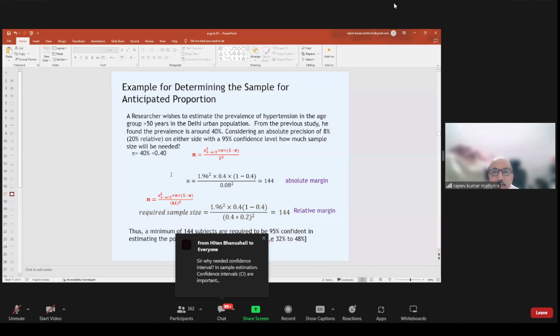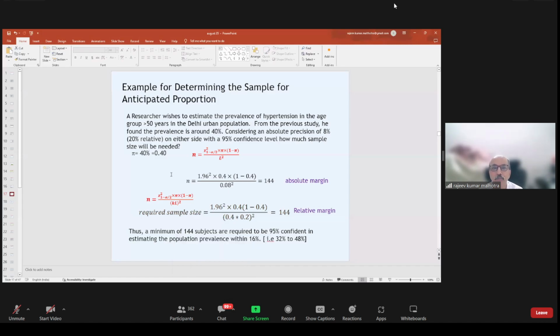This is a practical example for estimation of a proportion. A researcher wished to estimate the prevalence of hypertension in the age group greater than 50 in the Delhi urban population. So our objective is to find out the prevalence of hypertension in those aged greater than 50 years in the Delhi urban population.